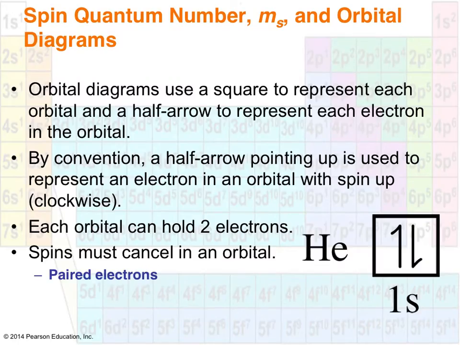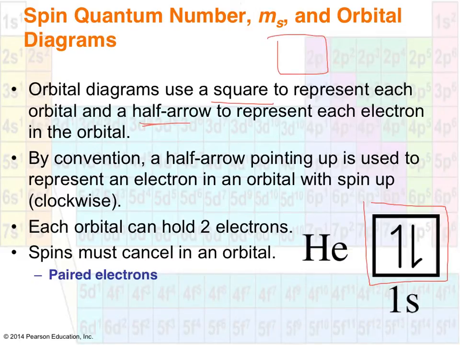All right, so we also have what we call orbital notation. It's very closely related to electron notation. Orbital notation uses a square to represent the orbital and half arrows to represent each electron. When I say half arrow, the convention is to draw an arrow with just half a head, and that's because each orbital can hold 2 electrons, as long as one of the electrons is spin up and the other is spin down.